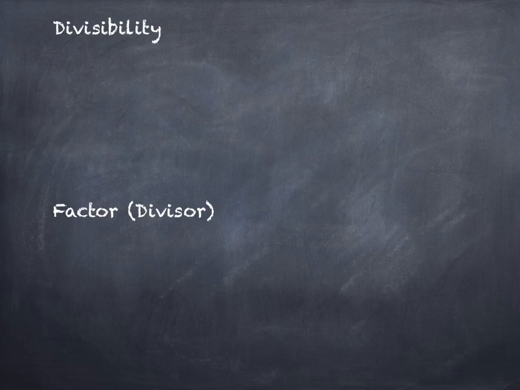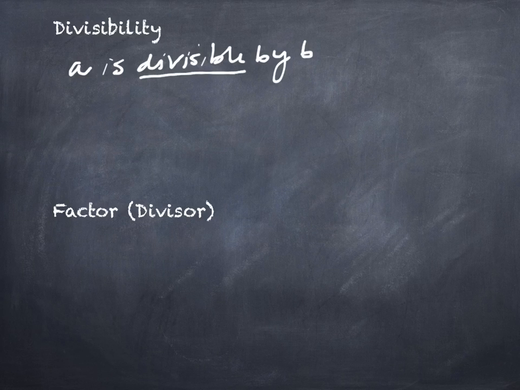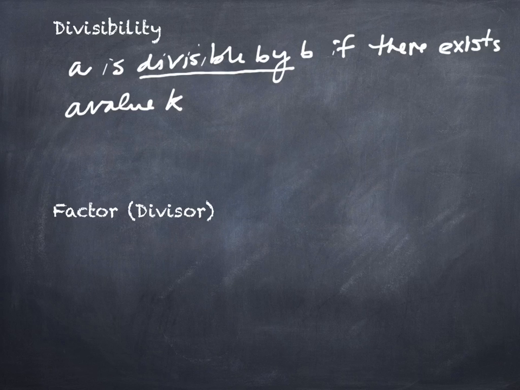One of the big ideas in this chapter, we're doing 2 sections in this chapter, is this idea of being divisible. So we say that A is divisible by B if there exists a value K such that A equals BK.